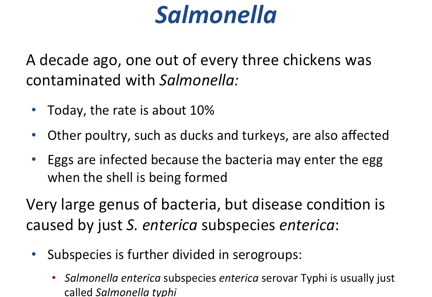So chicken is a source of Salmonella. Ducks and turkeys can also be contaminated. Eggs can contain Salmonella because it can get into the egg before the shell is calcified.